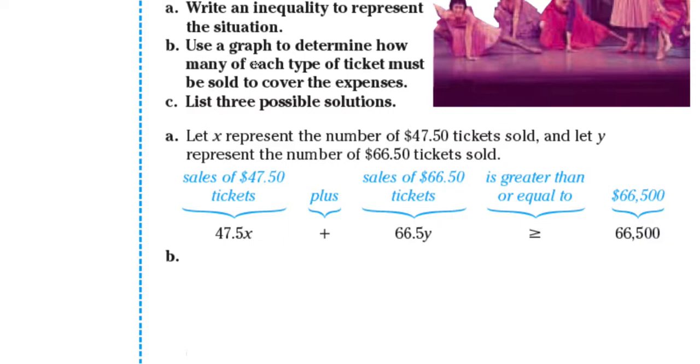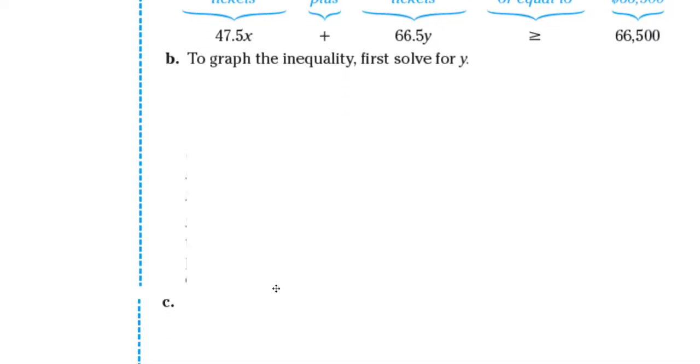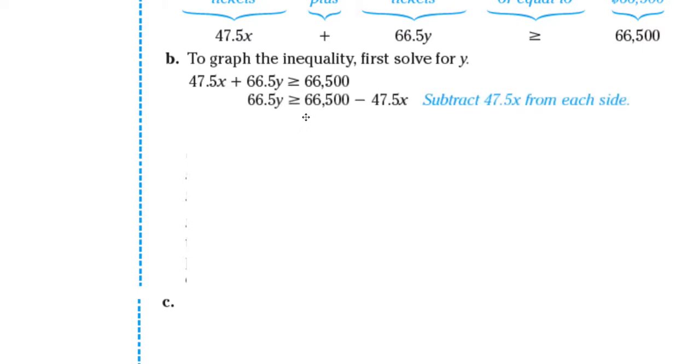And letter B, use a graph to determine how many of each type of ticket must be sold to cover the expenses. Again, we first need to solve for y to be able to find our slope and our y-intercept. So if we solve for y using that inequality, we now have 66.5y greater than or equal to 66,500 minus 47.5x, by subtracting 47.5x from each side.